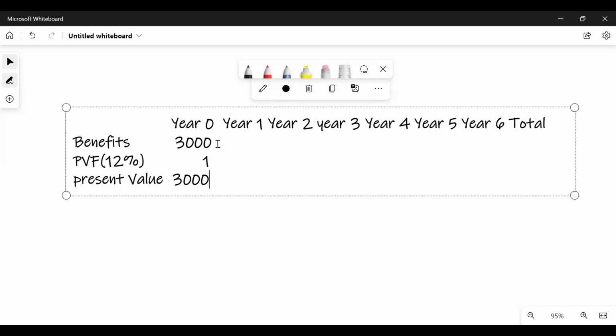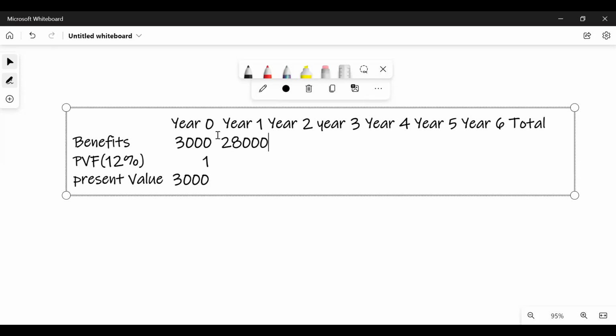Right? What about the year 1 benefit? Year 1, it's 28,000, right? That is year 1. What is the present value factor?